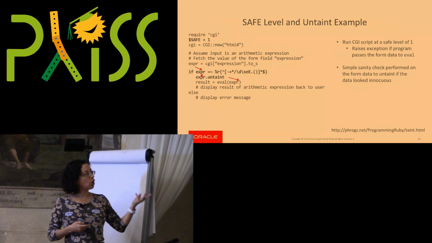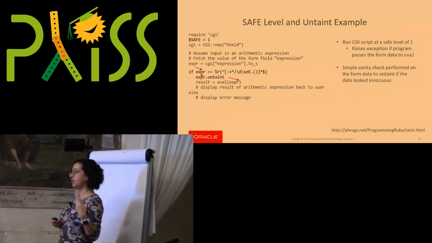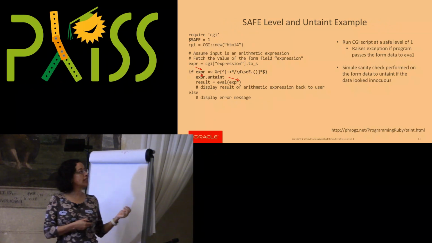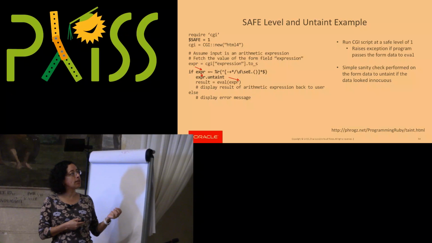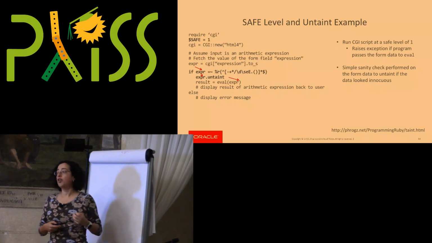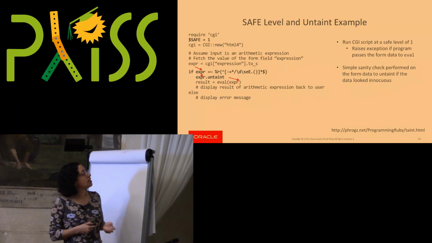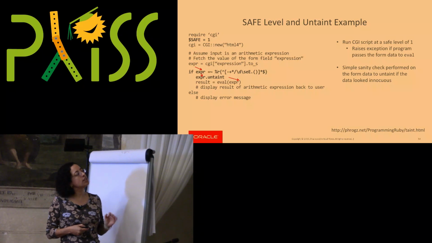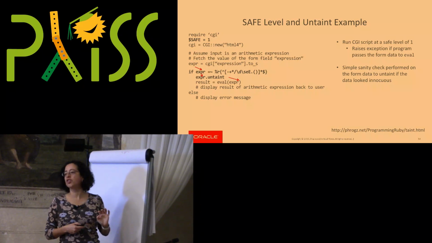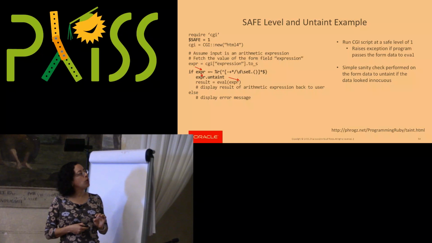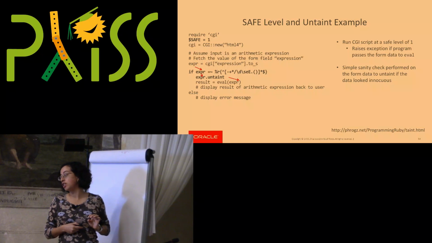Now, what happens if we introduce some of these safe levels? Let's say that we're using safe level 1. Here, we have the same type of code, we get our expression, but we're actually checking, through a regular expression, for certain types of characters that we don't want in our expression, and therefore we untaint that particular expression.